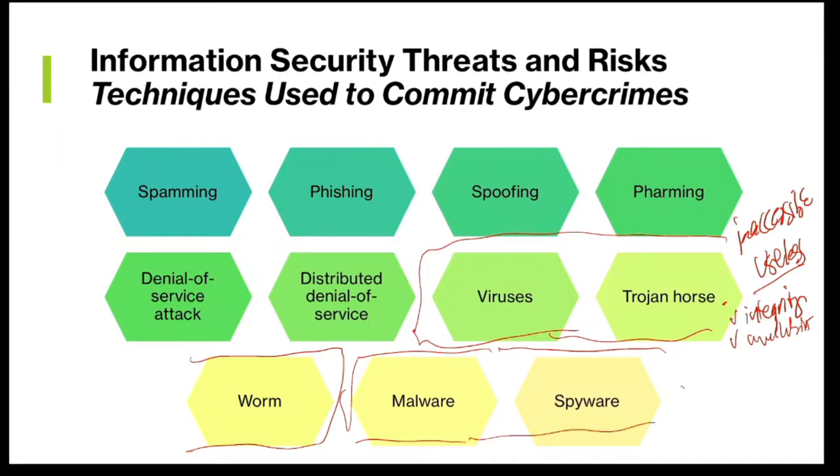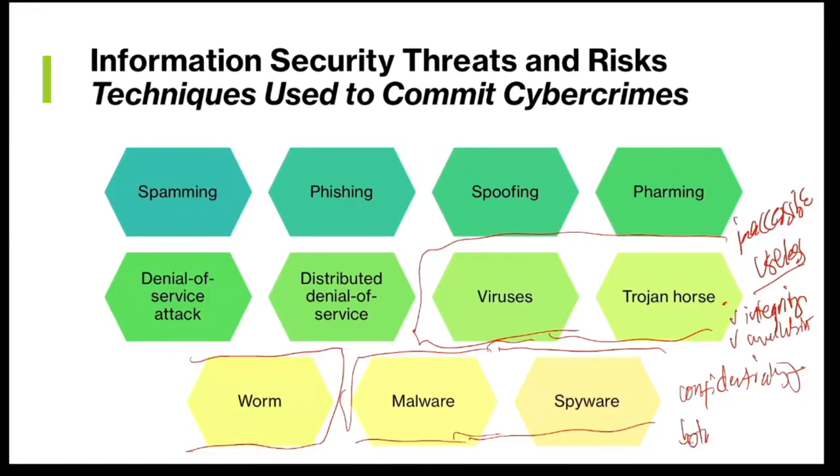This also attacks confidentiality of information because once malware or spyware is active, the perpetrator or attacker has consistent access to your computer system. So your confidential data or information is readily accessible to them.